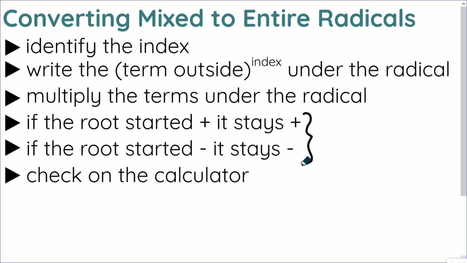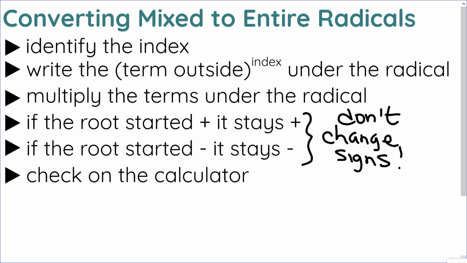If the root started as positive, it stays positive. If the root started negative, it stays negative. You don't change signs just because you're changing the form. So a mixed to entire radical that's positive stays positive. A mixed to entire radical that started negative stays negative. And last step, always check on your calculator.